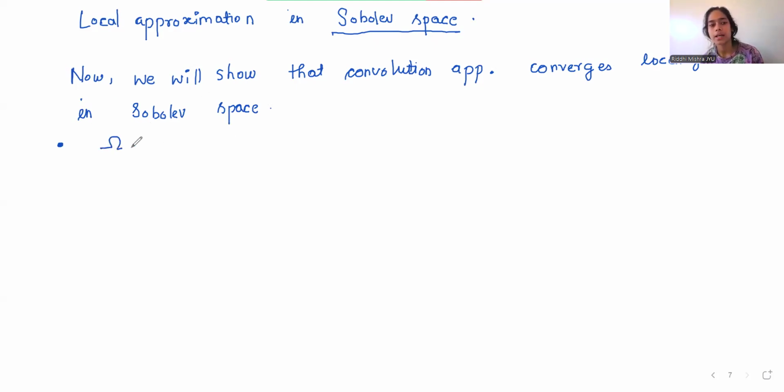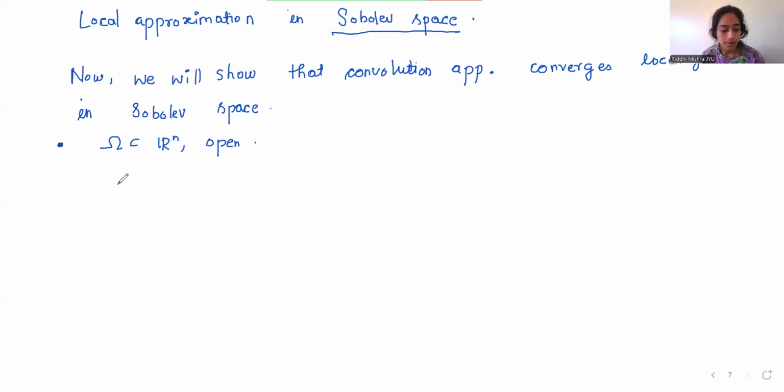For me, omega is just an open subset of R^n. I am not assuming any kind of regularity on the boundary. So we are sacrificing here, we are not assuming any boundary condition on the domain. That's why we are getting local convergence in the Sobolev space. And if we have boundary regularity on the domain, then we can get a global convergence. So we will discuss that in the next topic, where we have global approximation.